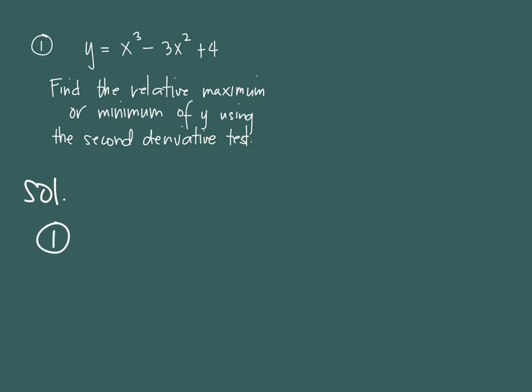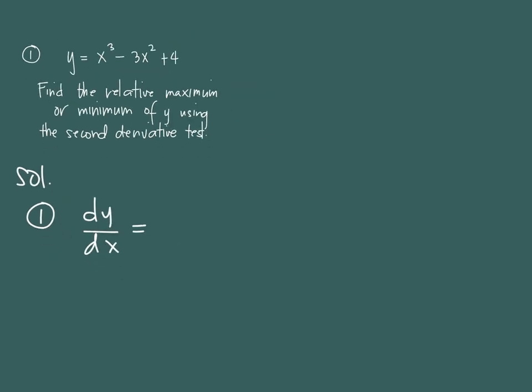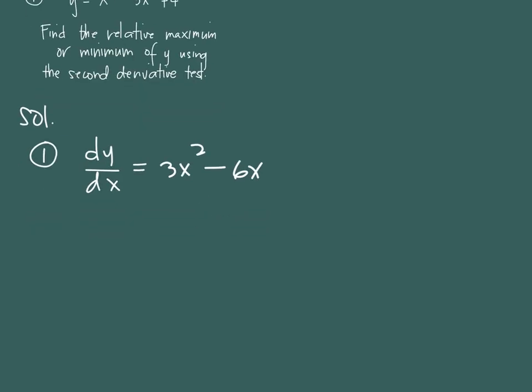What is the first thing that we have to do? Derivative. So we first find dy over dx, and this is equal to 3x squared minus 6x. The critical values will be coming from dy over dx equal to 0.